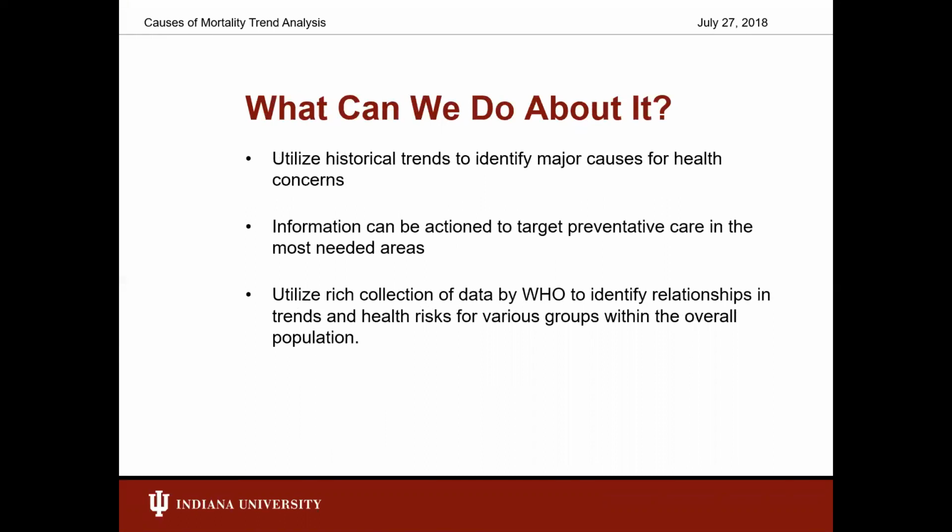Historically speaking, if we were able to identify trends that affect the major causes for health concerns in the US, we can take action and target preventative care in the areas it's needed most. By utilizing the rich collection of data provided by the WHO, World Health Organization, we can not only determine the primary causes of mortality in the US, but also identify the risks presented to various classifications, such as gender and age groups.